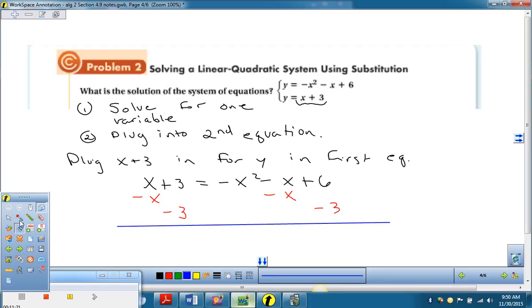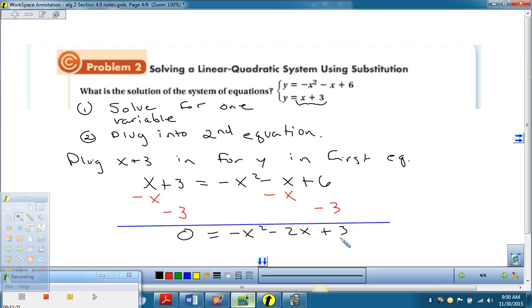And now we have, 0 equals negative x squared, then what? Minus 2x, and then plus 3. So, what method do you want to use?